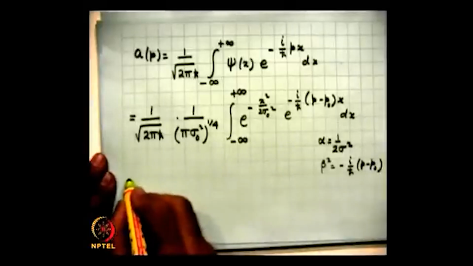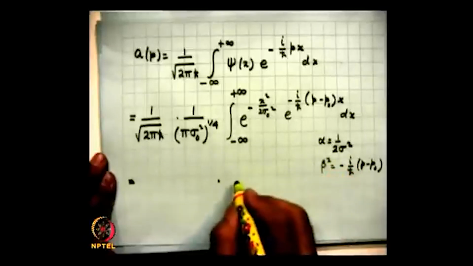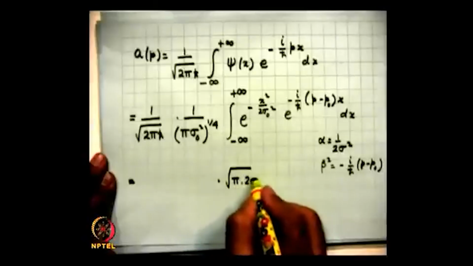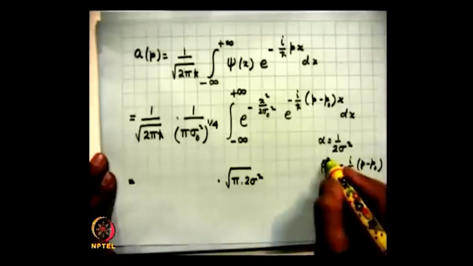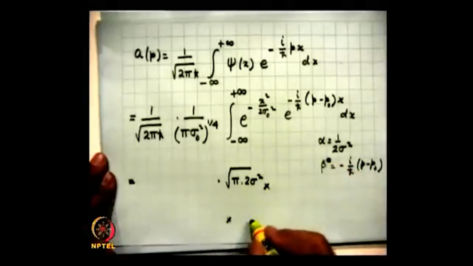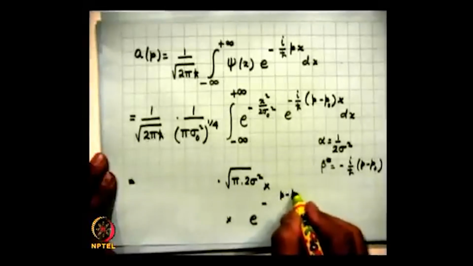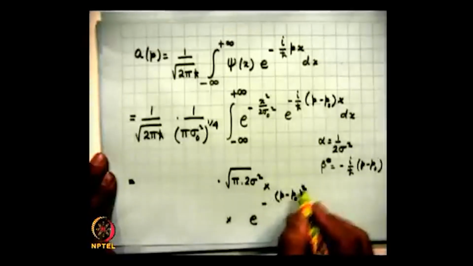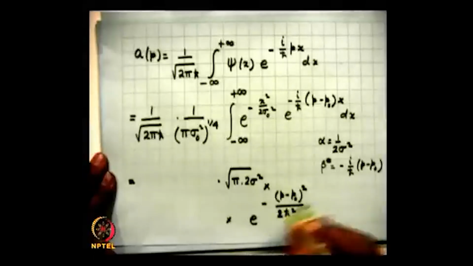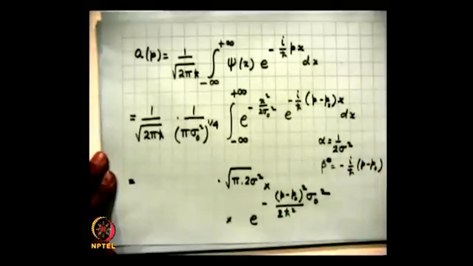If you substitute this, you will get the factor under root of pi by alpha, that is, 2 sigma square, and then the exponential of beta square over 4 alpha. So beta square will be minus p minus p naught whole square by h cross square, divided by 4 into 2 sigma 0 square, because alpha is 1 over 2 sigma square.